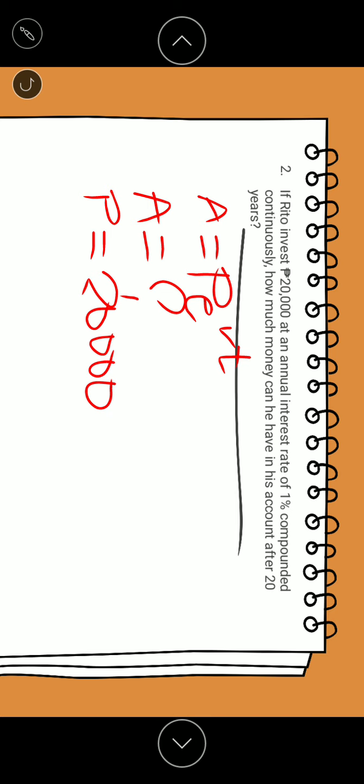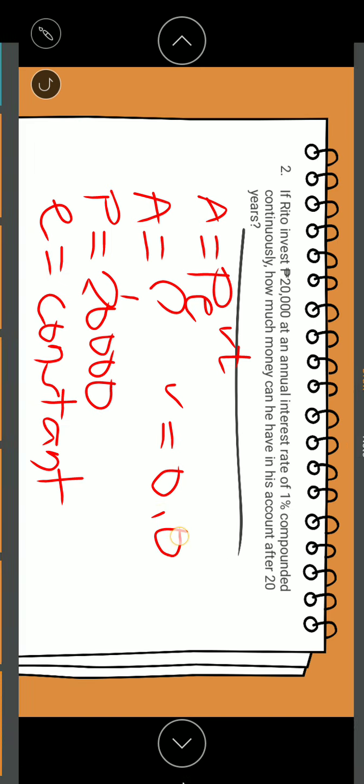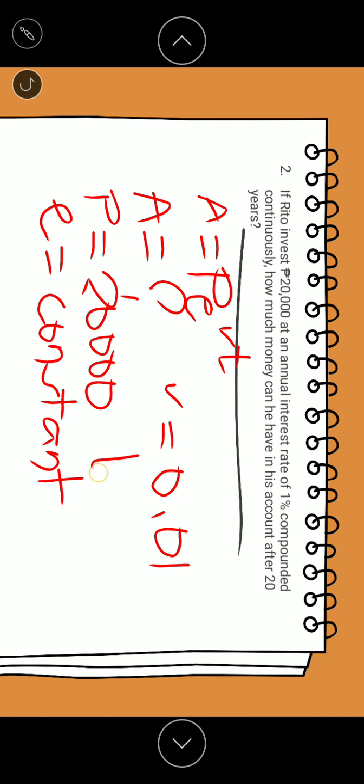The E constant cannot be changed. Then the interest rate is 1%, so we need to divide it by 100 to convert it into decimal. So R, or the interest rate, is 1 divided by 100, which would give us 0.01. And our time is 20 years.